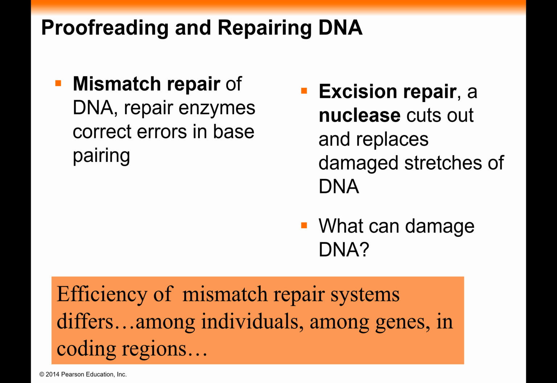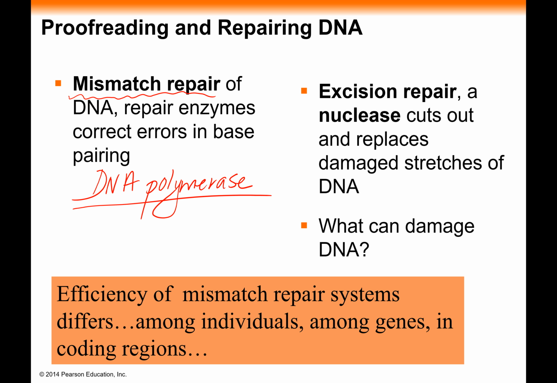So if while it's replicating, there is some type of a mismatch, so if it puts in the wrong nucleotide, DNA polymerase can come in and repair those. So this is the job of DNA polymerase. Okay. And that's going to be basically happening, again, during that S phase of interphase.